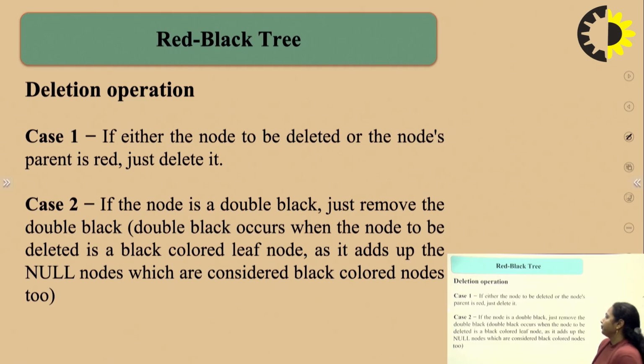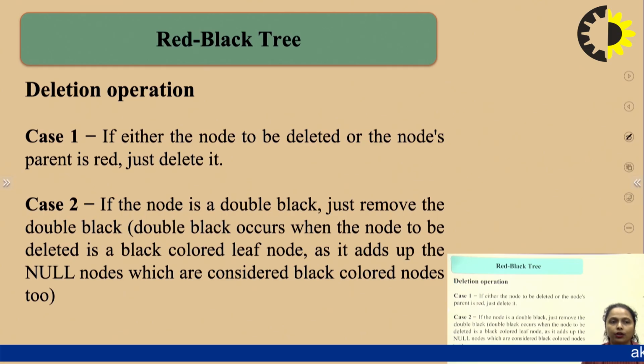But if the node is a black node, leaf node is there, but that leaf node is black in color, we just simply remove that black node and the node will become double black, because we are not able to delete the color node.